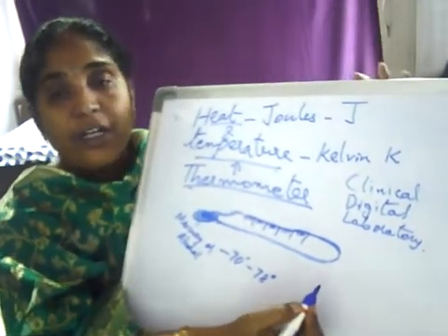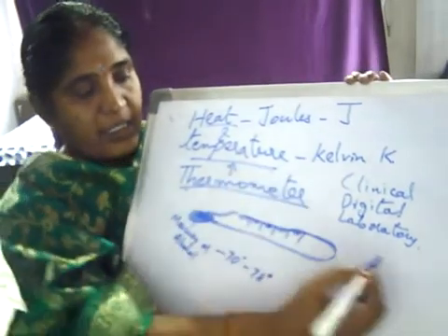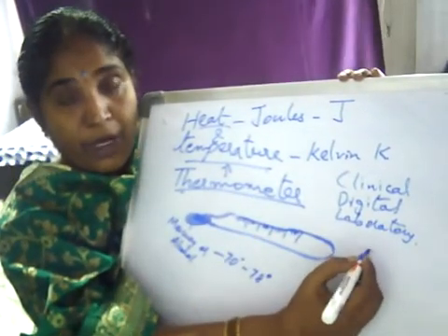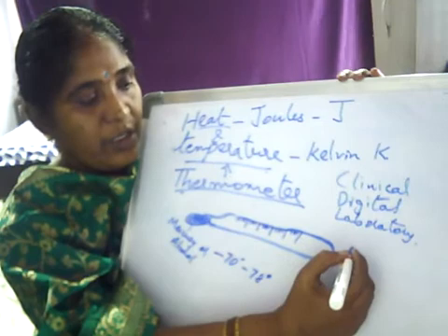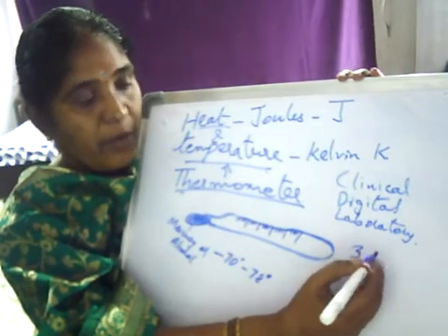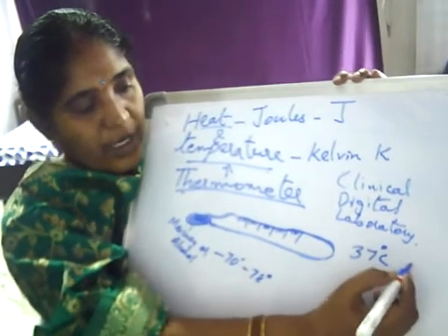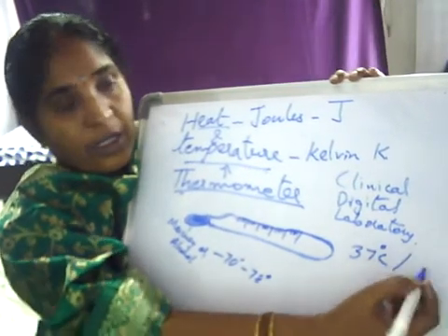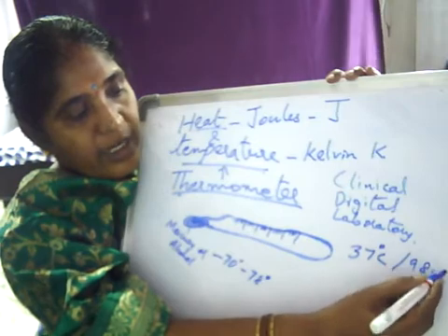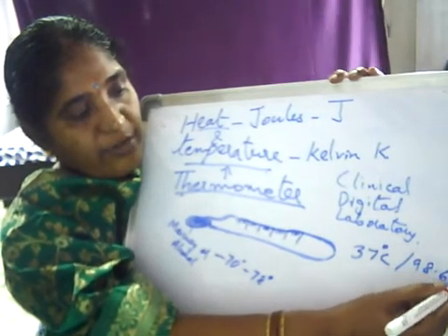The normal body temperature in the clinical thermometer is 37 degrees centigrade, or 98.6 degrees Fahrenheit.